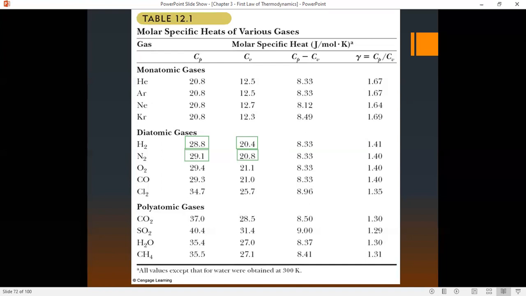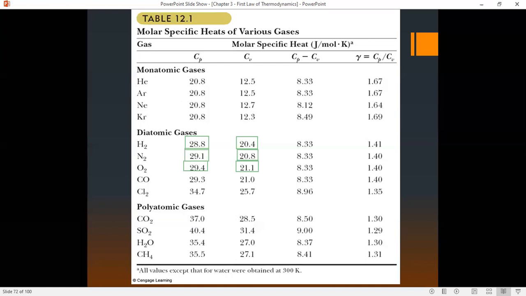Oxygen, not bad either. Okay, so these symmetric diatomic gases actually do pretty well there, and that's not surprising. They're not polar, right? But as soon as we start getting into some of these polar molecules, obviously this is going to break down.